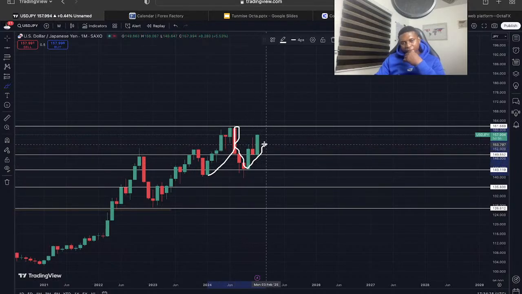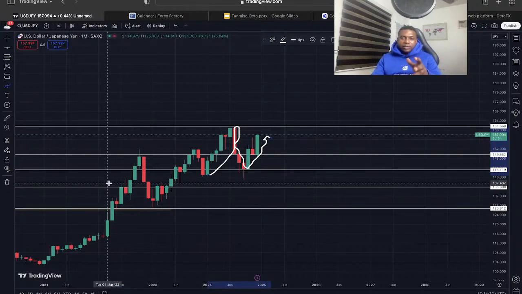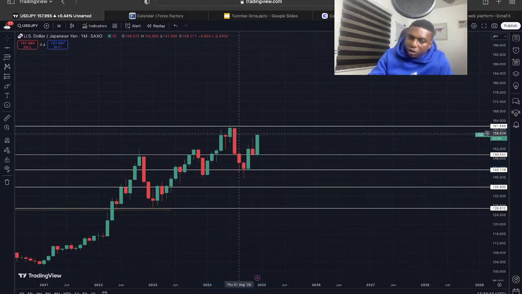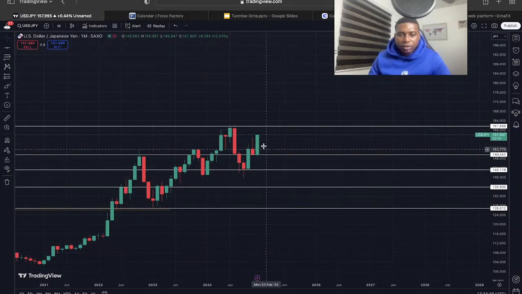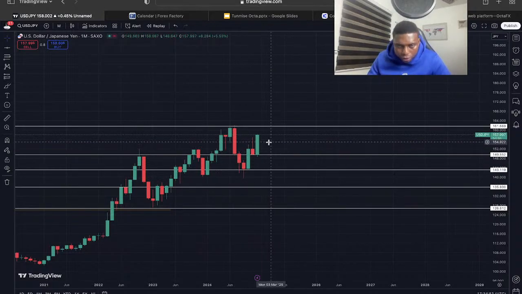Here also price went up. Okay, and that's it. So this chart is giving us the insight that the USD JPY market is back to being bullish.